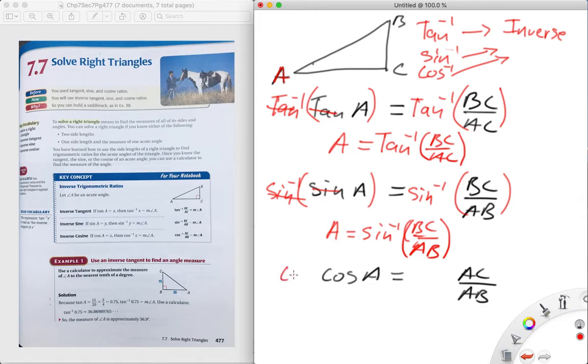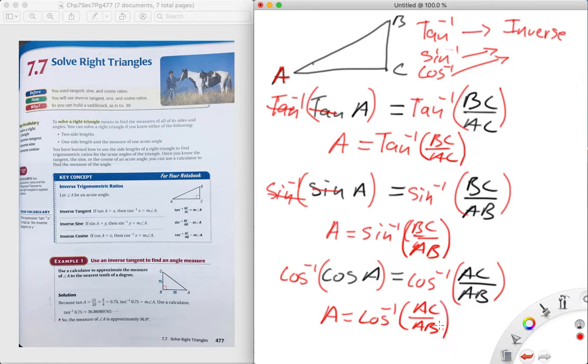And then inverse cosine would be angle A is equal to cosine inverse of AC over AB. Alright, so inverse sine, inverse tangent, inverse cosine are ways to get the angle of a particular right triangle.